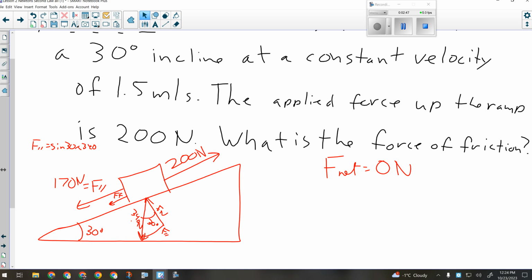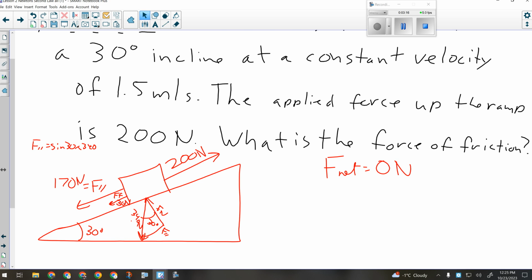So the forces up the ramp and the forces down the ramp are equal. So, what do I need to get 200 newtons down the ramp? 30. I got 200 newtons up the ramp, I got 170 newtons down with F parallel. That means the force of friction is 30 newtons. That's it. That's all there is to that one.